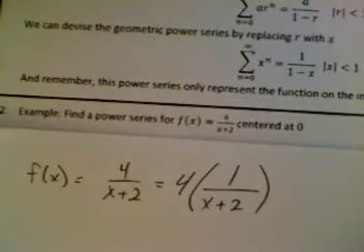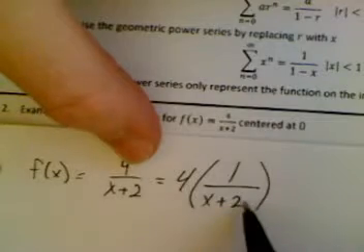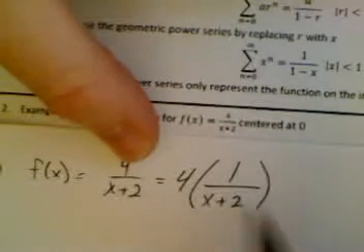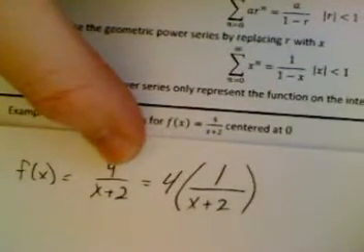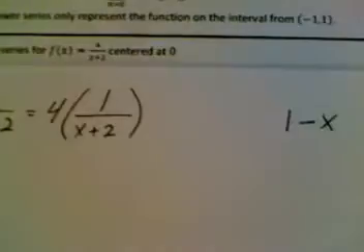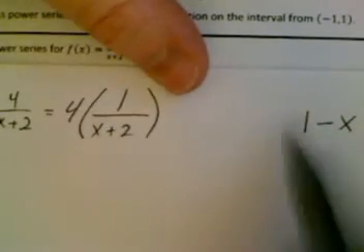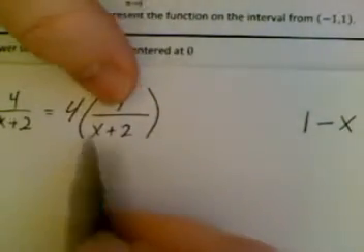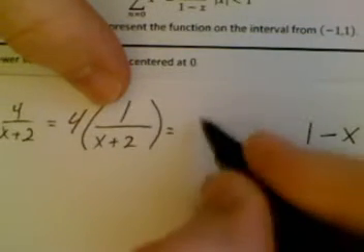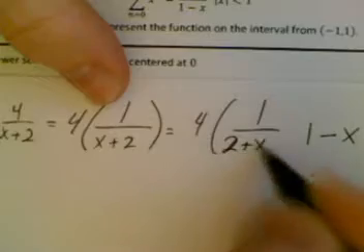Next, I'm going to take this bottom piece so that it looks like 1 minus x. Now I'm writing it way over here. That's what I want it to look like. Well, how can I make this look like this? Let's first start by changing the order. So I'm going to change this to 4 times 1 over 2 plus x.